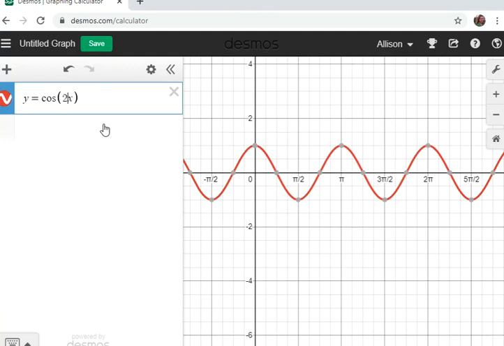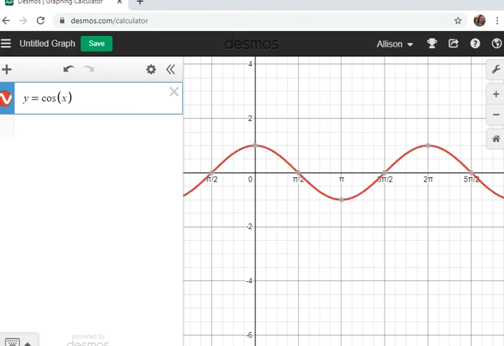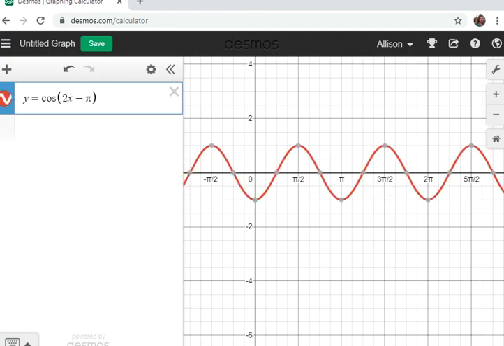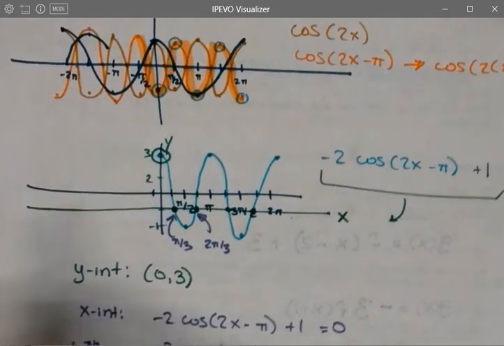We have a horizontal shrink of a factor of 2 there. So now instead of it replicating every 2 pi, now it's replicating every pi. Then we had our phase shift. So we have that minus pi. And so that was our orange-ish graph that we had here.